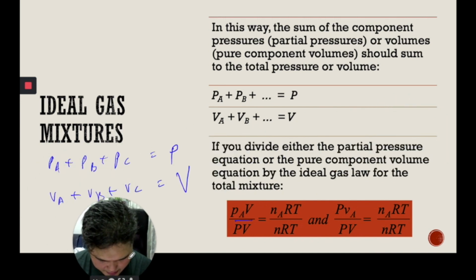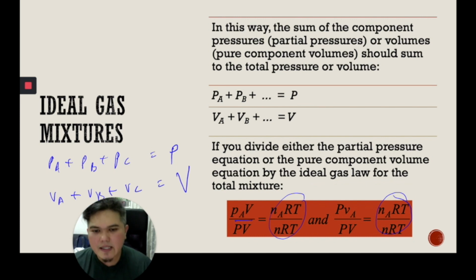You can see it's a similar expression, except that now this term is represented by pressure and this one by the component volume. The relationship is just the same, so they are directly proportional, directly related to each other.